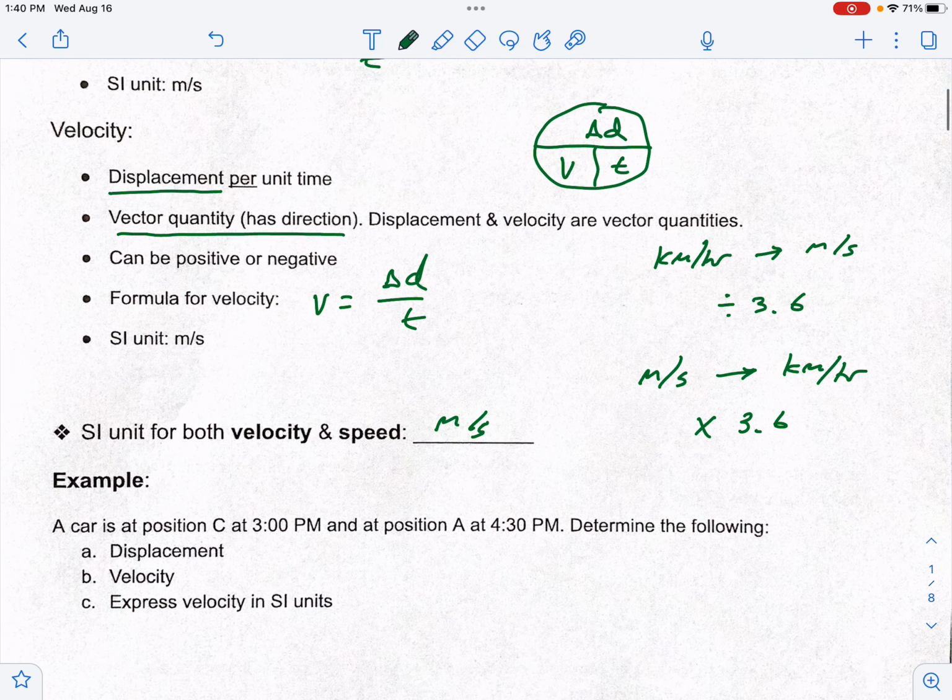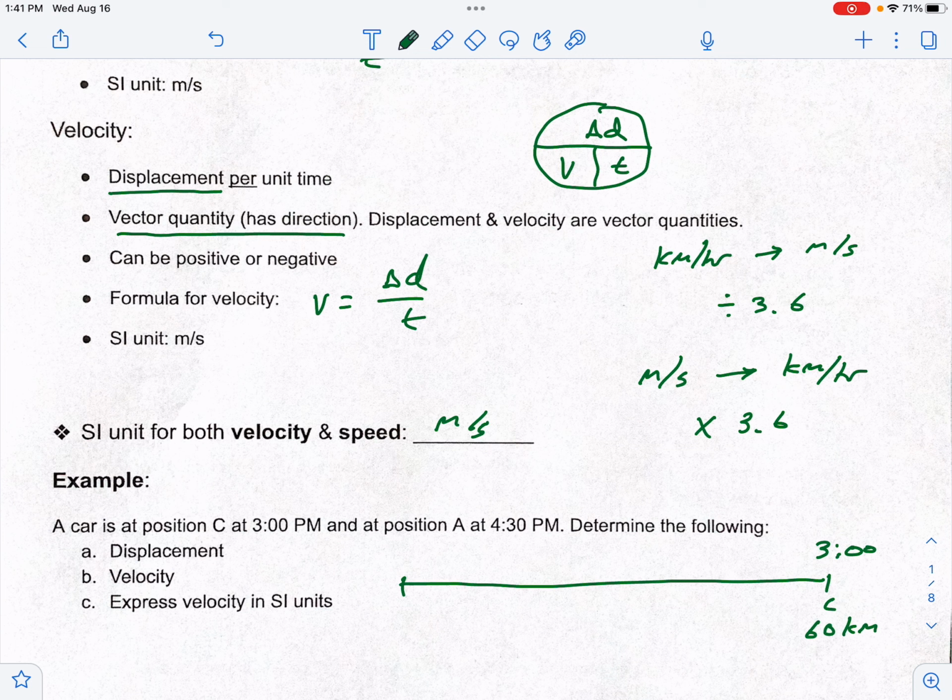Now, a car at a position C at 3 p.m. So what I'm going to do is draw this little number line for an example. At point C, it's going to be 3 p.m. and we're going to say that is 60 kilometers.